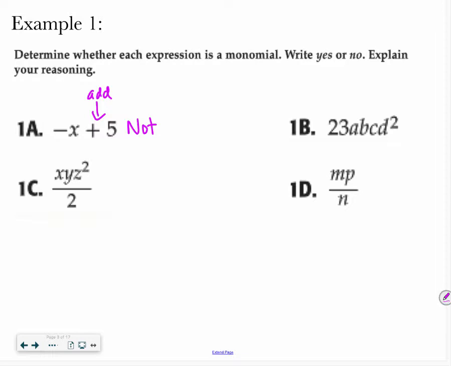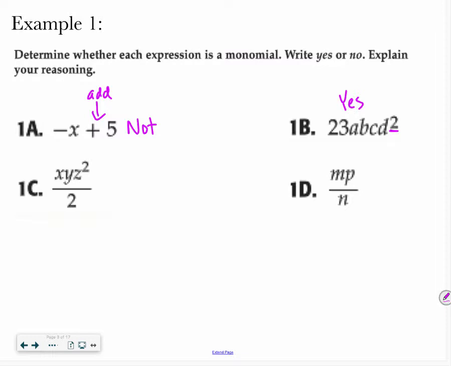So not a monomial because we are adding 2 terms. Okay. Letter B, we have 23abcd squared. This is a monomial because we have a number times several variables. The variables only have positive exponents. So this is a monomial.